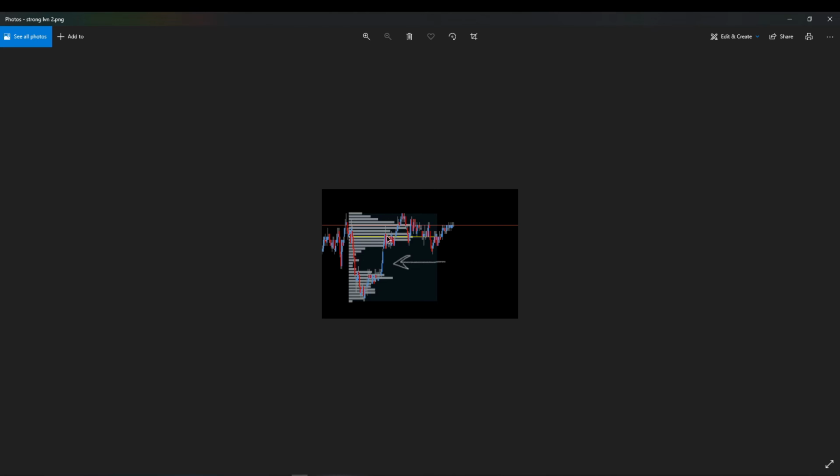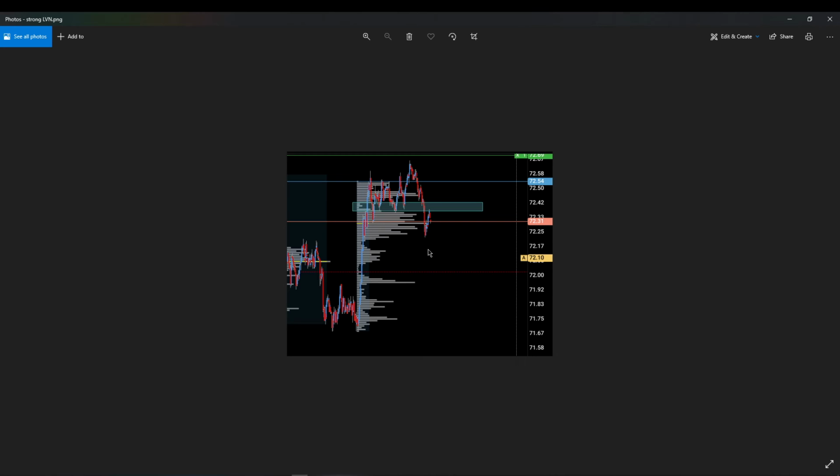When you have a double distribution, like 2 HVNs, higher and lower, very big HVNs, and in between you can see an odd price like the hidden value we discussed before. When the hidden value lies very tightly between two big ranges, you have to consider that a strong rejection, which will hold the market, or if the market breaks it, it will hold the market down. And it's a clear example here.